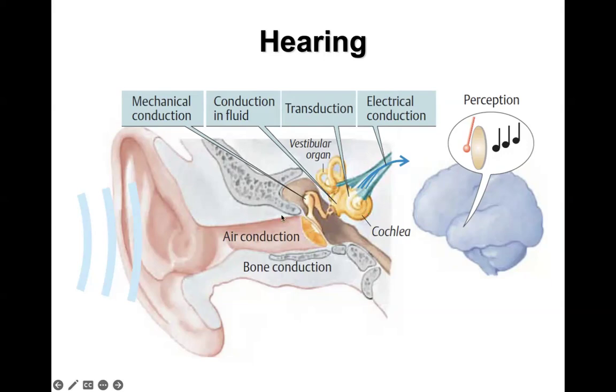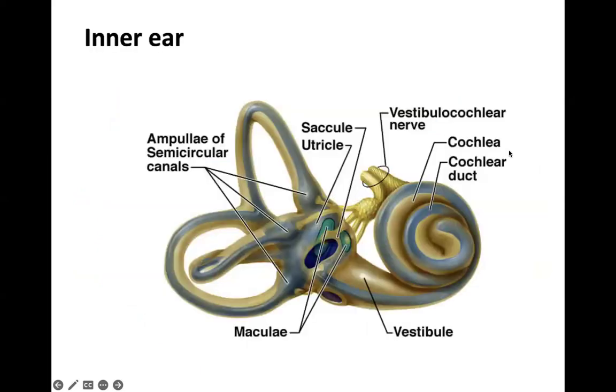So now you can imagine, the air shakes, and now the bone shakes, and then the fluid inside the inner ear also moves, okay? Then something happens inside this cochlea when the fluid moves and activates the nerve, and then the nerve can send the signal to the brain area on the side, in the temporal lobe here. Then you have the perception of the sound, okay?